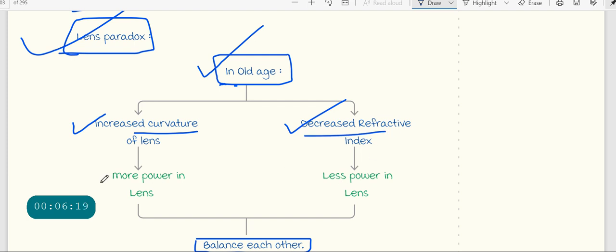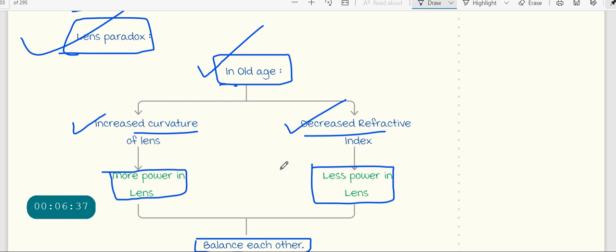Basically, when the curvature of the lens increases, the power of the lens increases, and when the refractive index decreases, the power of the lens decreases. So these two mechanisms occur simultaneously, and they lead to balance of the vision in the old individual.